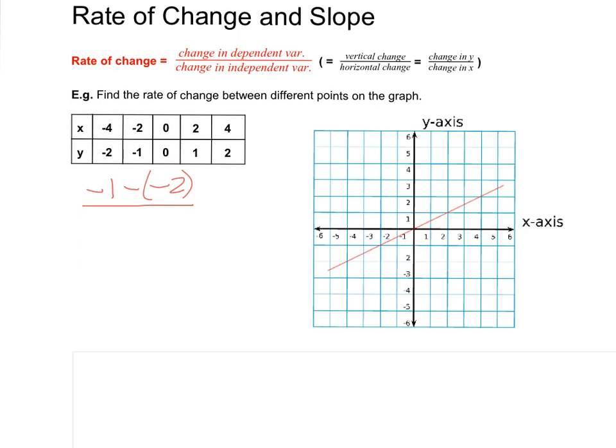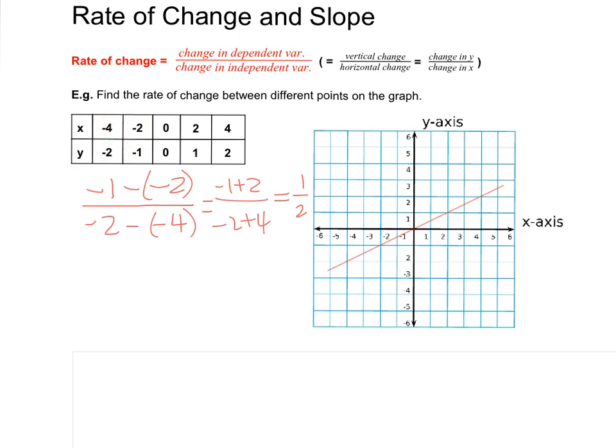So x has changed to -2 from -4. So it's -2 subtract -4. And that gives us -1 plus 2 over -2 plus 4. And that is 1 over 2. So that's the rate of change from this point to this point.